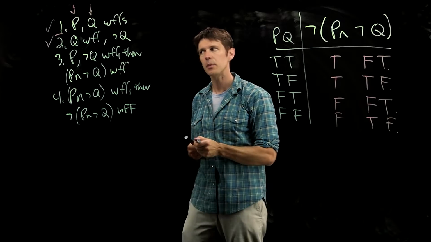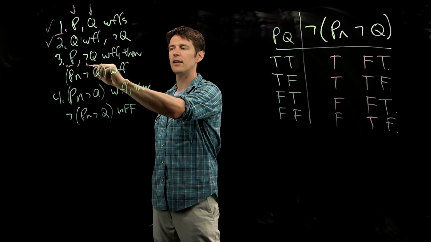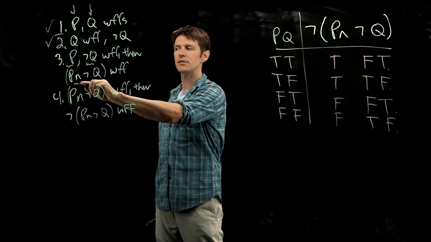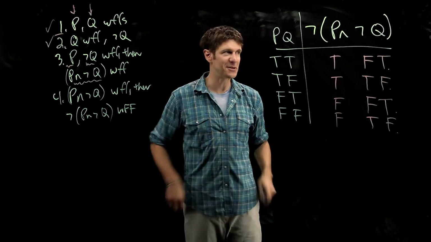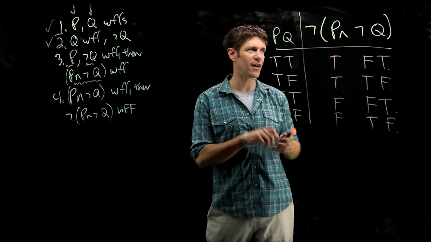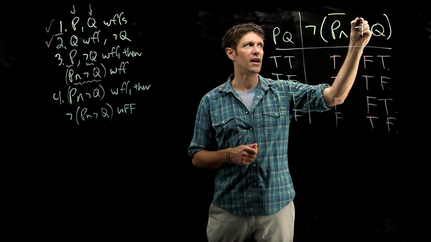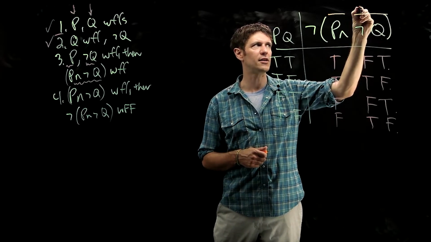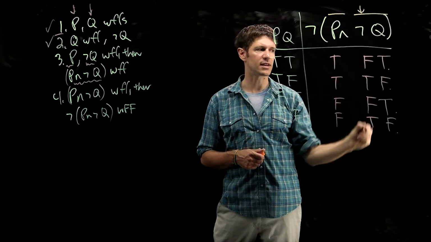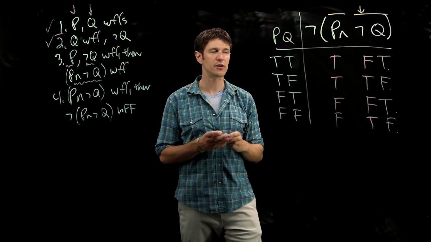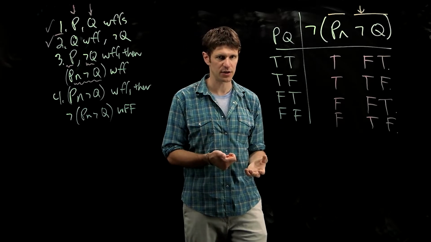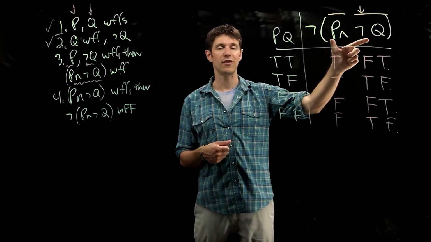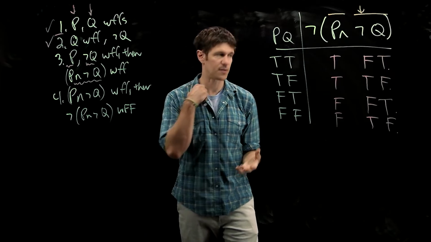Step 3 is telling me I should take P and not Q and use those to determine P and not Q. So what I'm going to do is take the truth value under P and the truth value under not Q, which is under this negation, and use those values and the function for conjunction to determine the truth value of the entire conjunction.